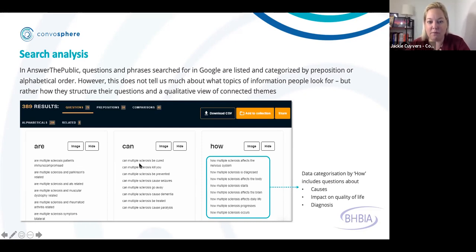So can MS be cured? Can it kill you? And so understanding it in those types of categories, you can start to identify topics or themes that people have when they are seeking information.